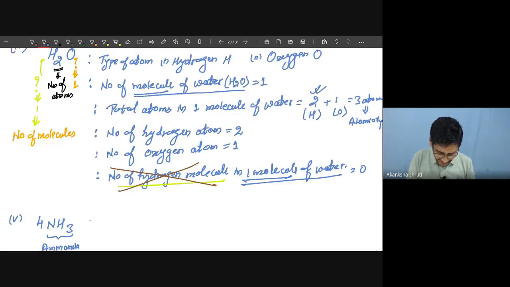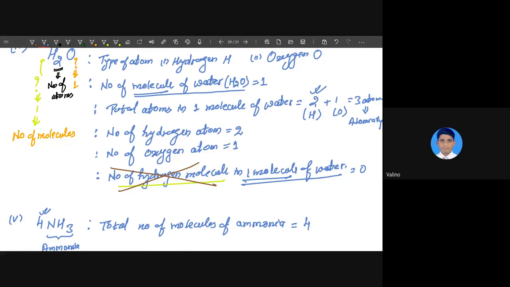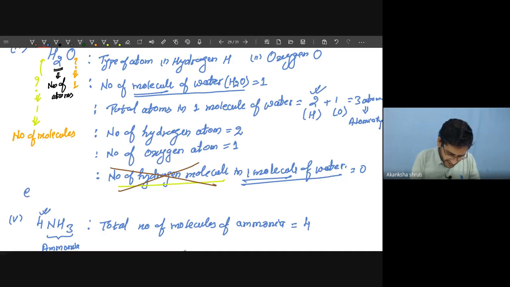Yes, student, if this is written with 4 before NH3, what is the total number of molecules of ammonia written here? What is that? It is represented by this 4. Okay, 4.